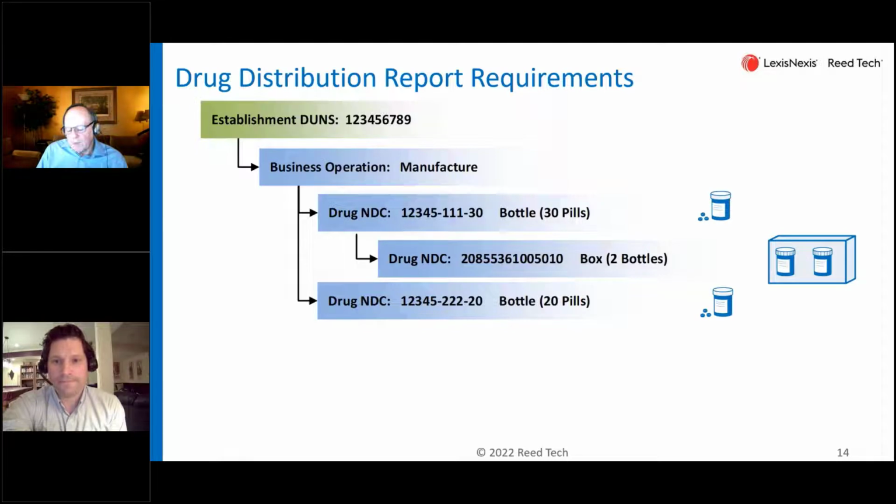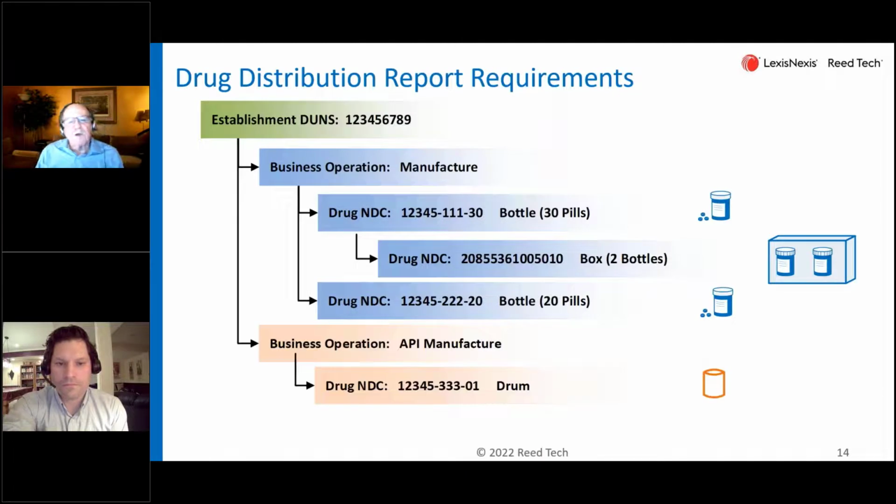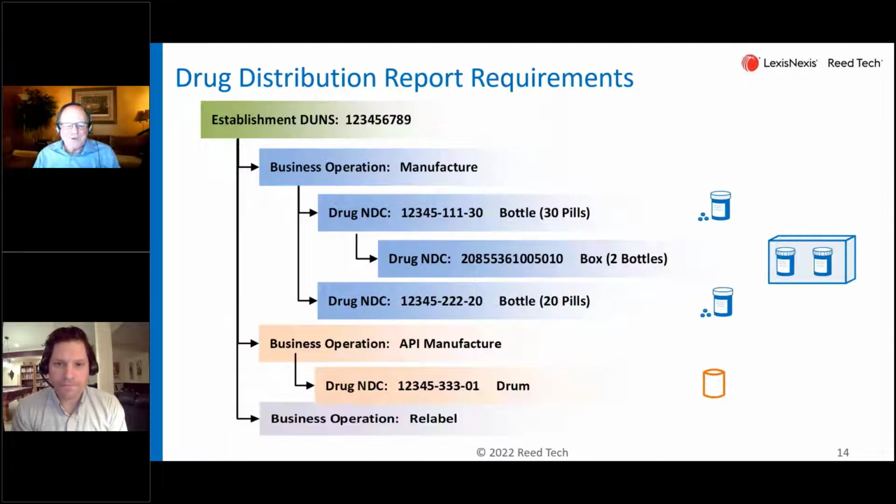That would need to be reported as well. And yet I'm not done. I might have other business operations at that particular site. So I might have some API manufacturer. Now I have a drum with a 333 product identified, and its story continues. So you might have a relabeling operation and have drug products connected with that, and so on.